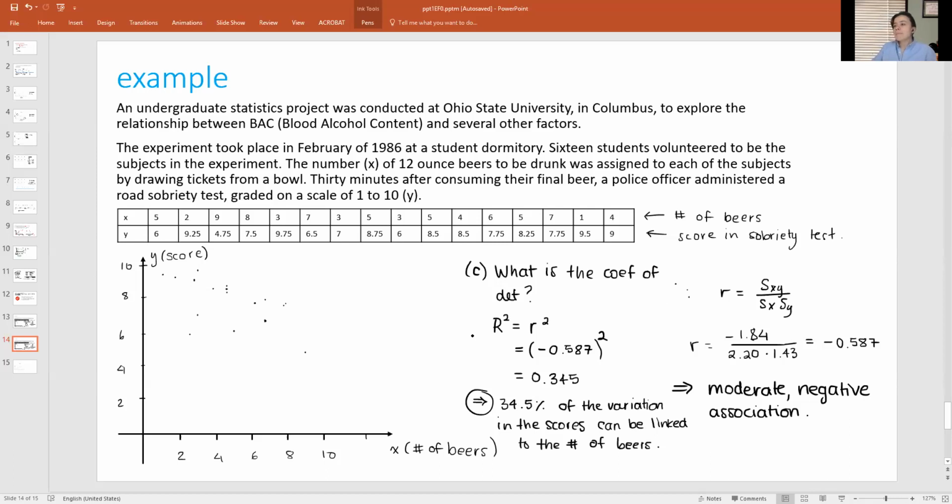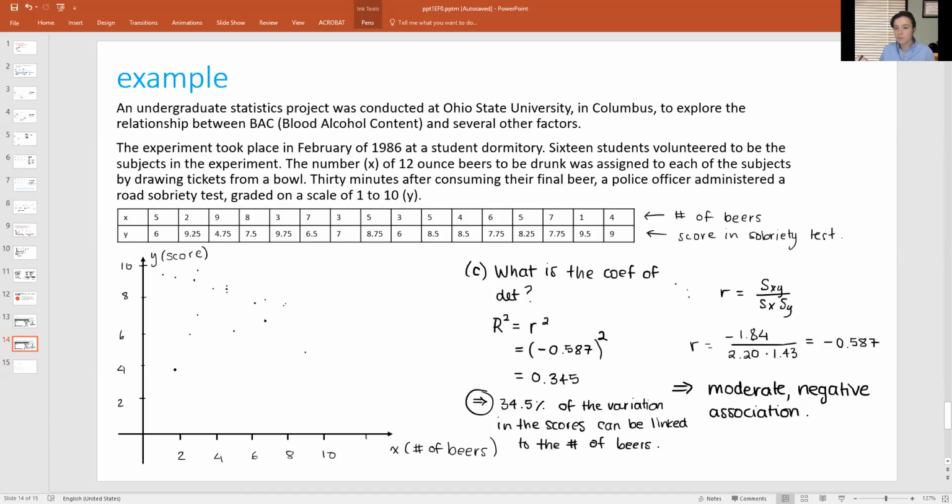Okay, we've talked about describing the association between two variables. We're talking about determining how much of the variation of one variable can be explained by variation in the other variable. Now we've said that there is an association. We can determine how strong it is, and how much of one variable can be explained by the other. Well, if all of this is due to a given association, then why not figure out what that association is?